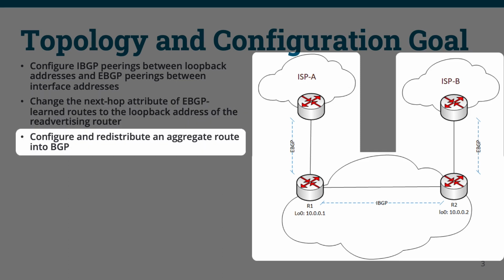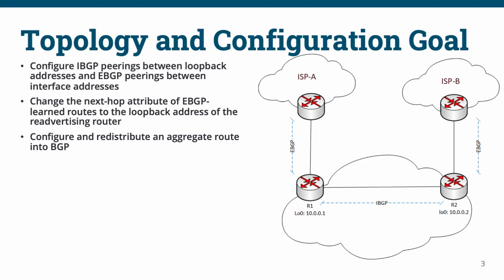Finally, we'll review how to configure an aggregate route and show how to configure a routing policy to distribute the aggregate route into BGP. So, let's get started with reviewing example configuration for iBGP and eBGP peers.